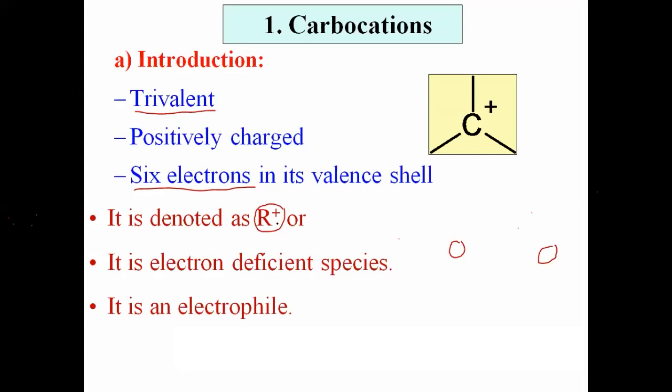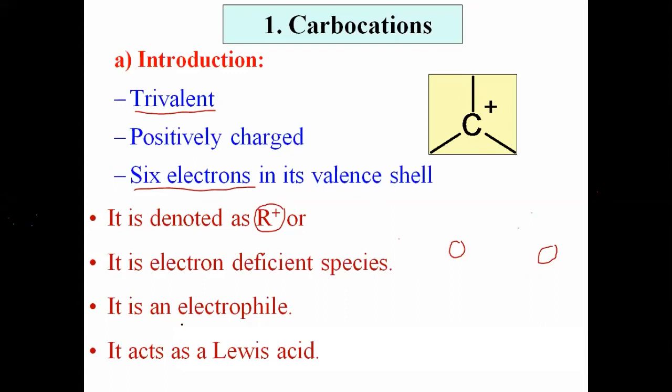Because it is electron deficient. It has only 6 electrons, 2 less to complete its octet, and therefore it tends to accept an electron pair from another substance. According to Lewis theory, if any substance accepts an electron pair from another, it is a Lewis acid, and thus it acts as a Lewis acid.